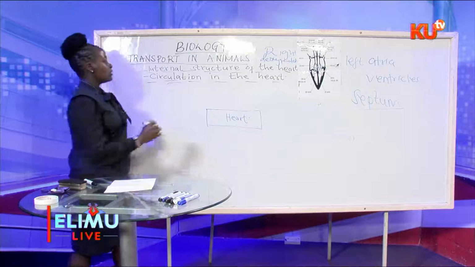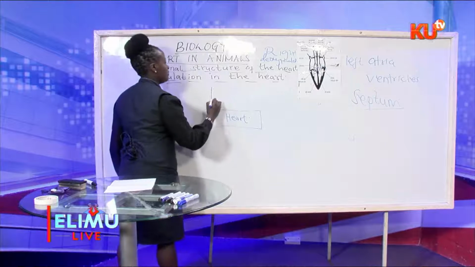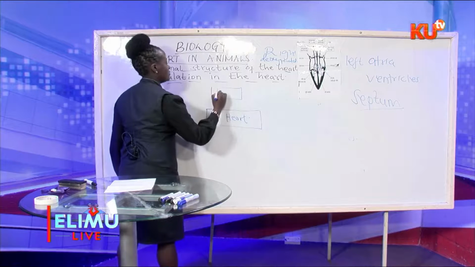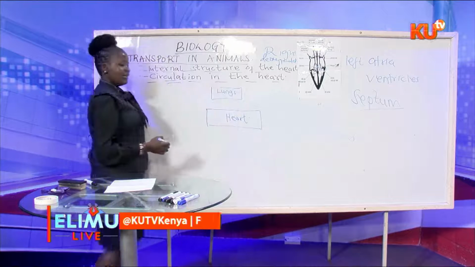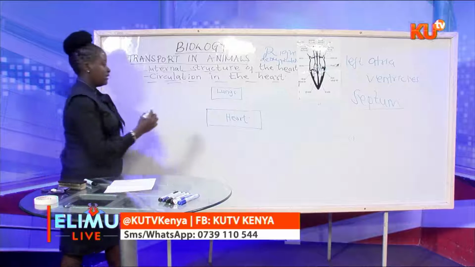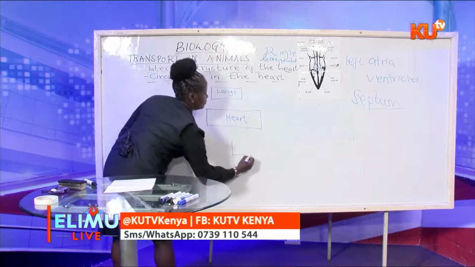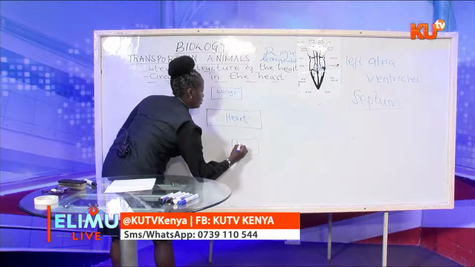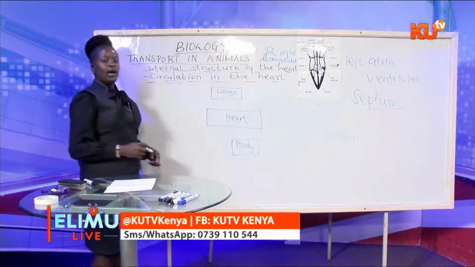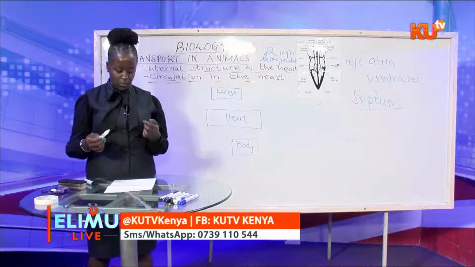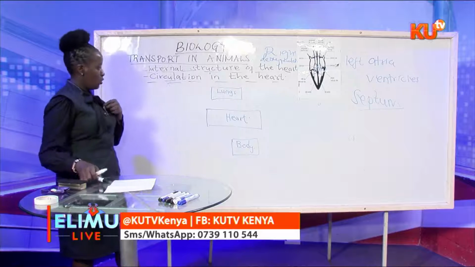The second box on the upper side is going to represent lungs. And the third box on the lower side will represent the body. So how does the blood go round?